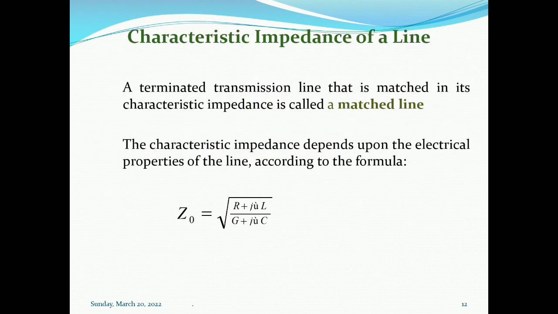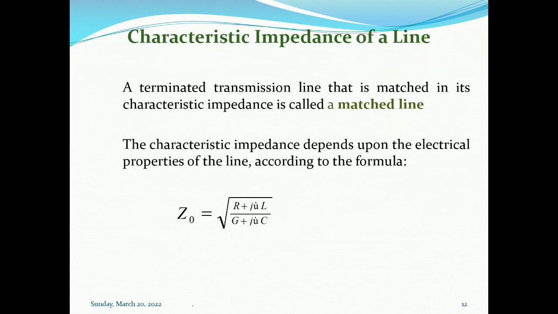So what is the characteristic impedance of the line? A terminated transmission line that is matched to the characteristic impedance is called a matched line. The characteristic impedance depends upon the electrical properties of the line according to the formula. I explained this concept of characteristic impedance in an individual video, so I will share the video with you.